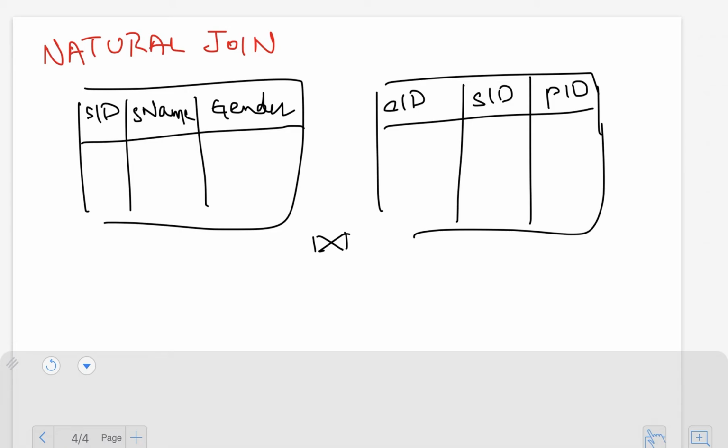So I can say student natural join course. And what this does is that it makes sure that the SID right here and the SID right here are equal, and it only takes those rows for me.